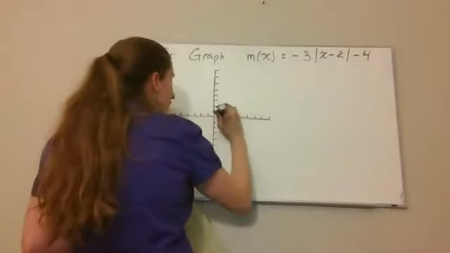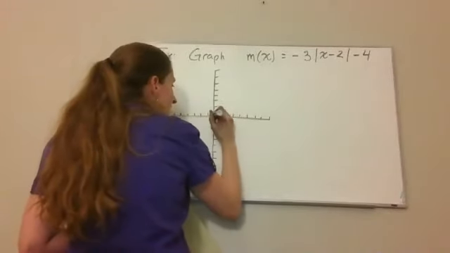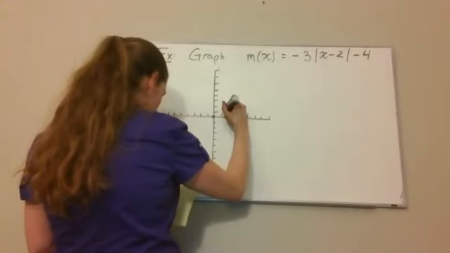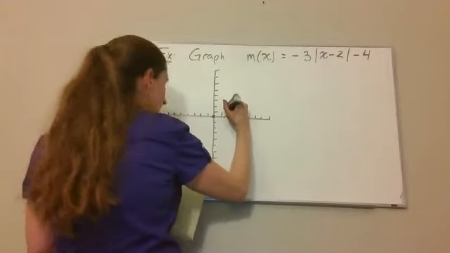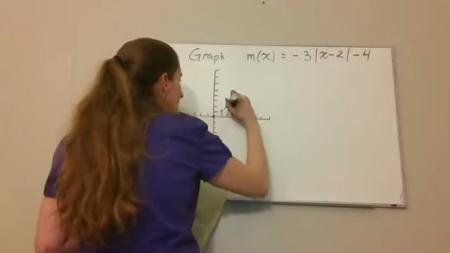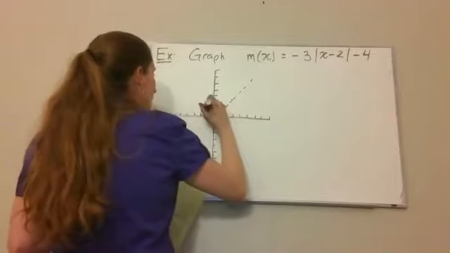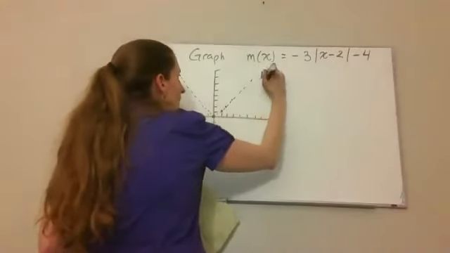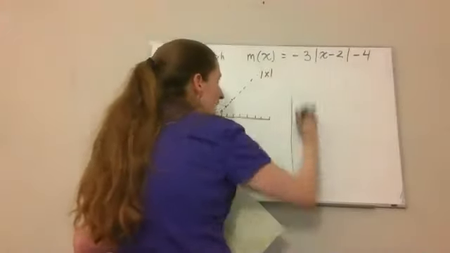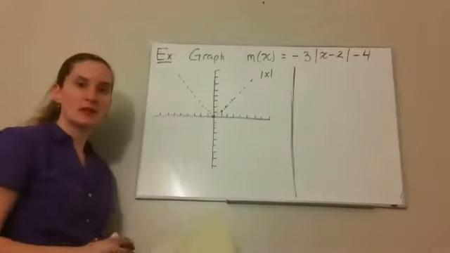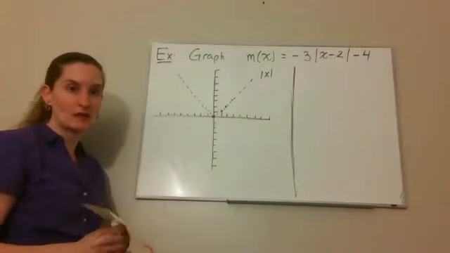So your absolute value graph, remember, looks something like this. It looks like a V shape. This was absolute value of x. Now let's take a look at what's going to happen to this absolute value of x when we apply all of our transformations to it.